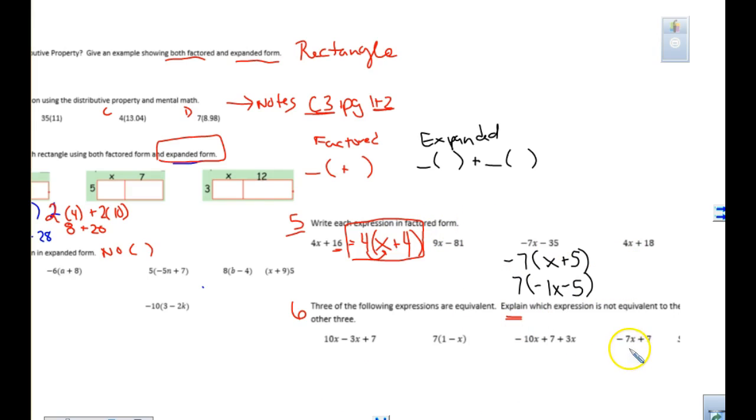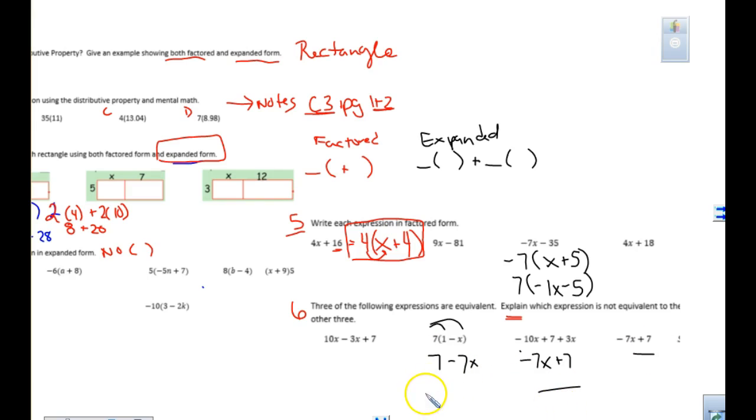When you look down here, so I have -7x plus 7. If I was going to simplify this one, -10x plus 3x, that would give me -7x plus 7. So far, these two are the same. If I use the distributive property, this one comes out to be 7 minus 7x. Is that the same as these two?